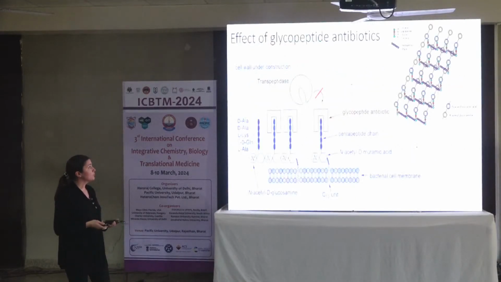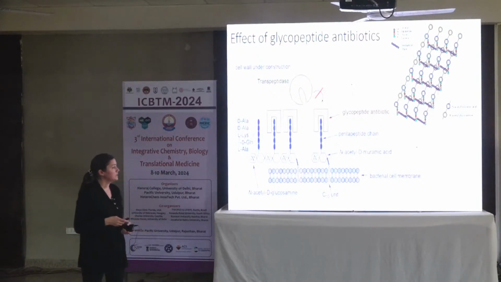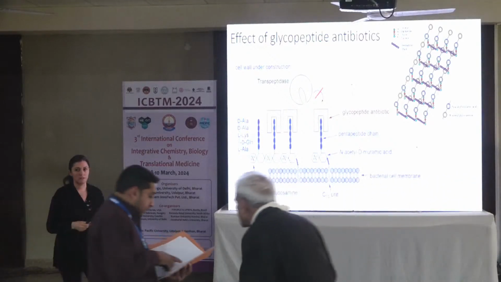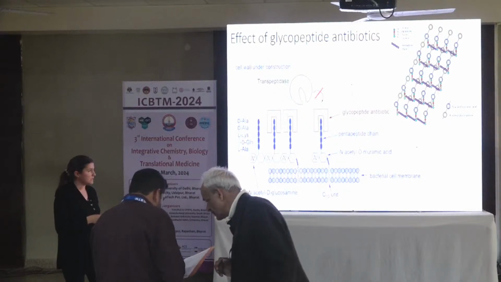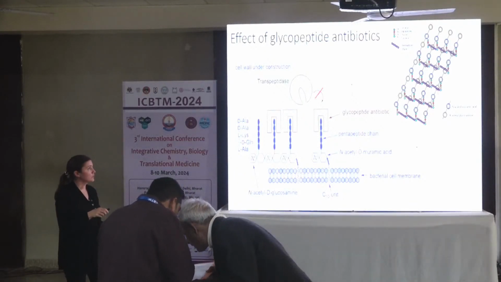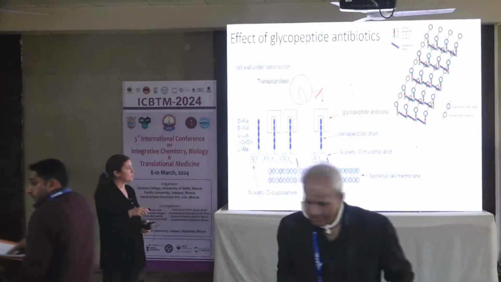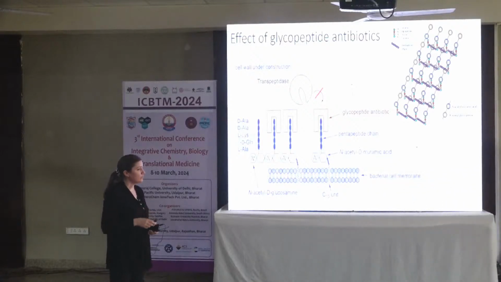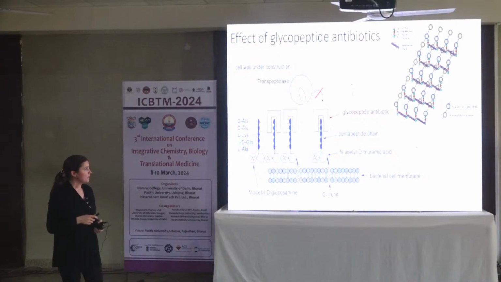So what is the mode of action of glycopeptide antibiotics? They inhibit the synthesis of the cell wall. The bacterial cell wall consists of sugar, oligosaccharide, or polysaccharide chains connected together with short oligopeptide chains.